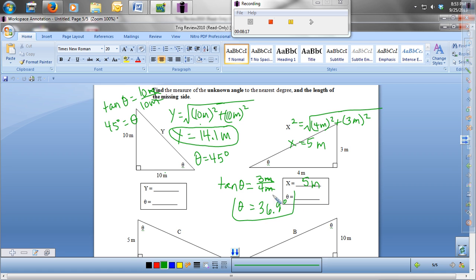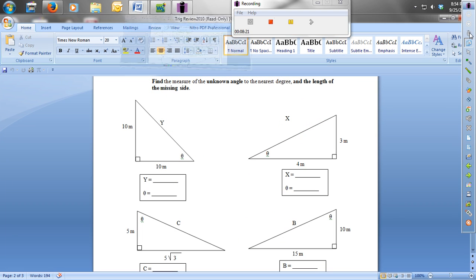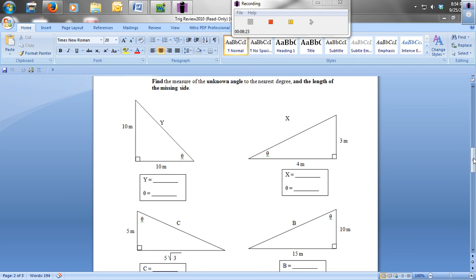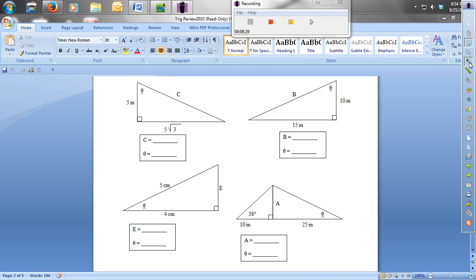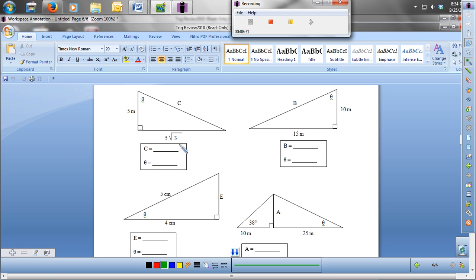All right. So let's move on to the next one. I'm going to scroll down. All right, so let's see. So this one here is 5, and 5 square roots of 3. So I'm going to say c squared is equal to a squared plus b squared.